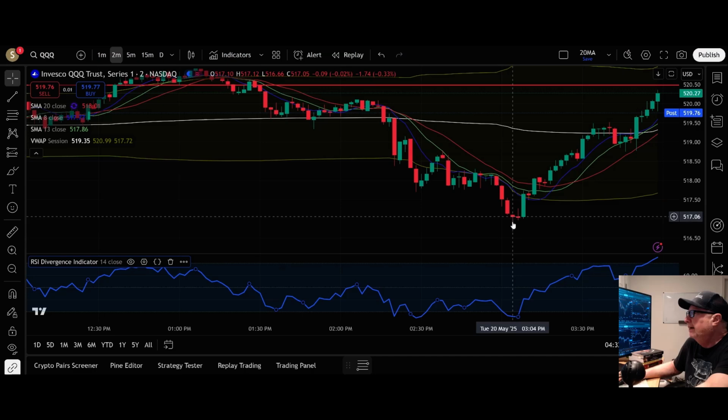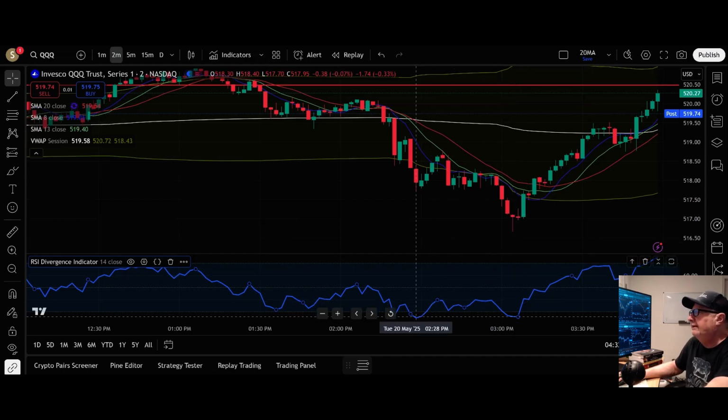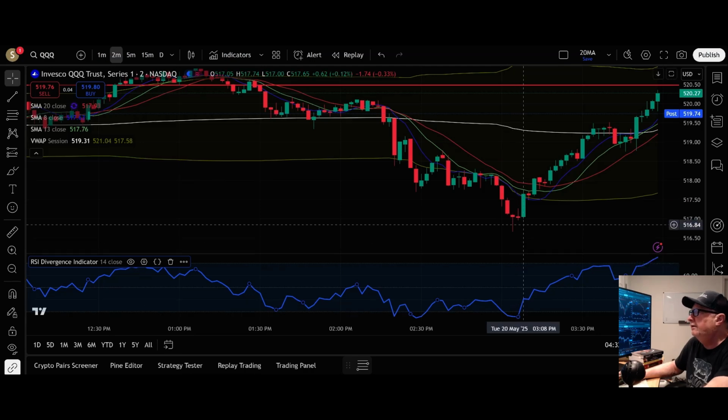So you had a nice bottoming tail, and basically my buy trigger is above now this second candle, right? I get confirmation of the bottoming tail candle. I've got the positive RSI divergence, so it's a little bit higher here, and that's the buy point.